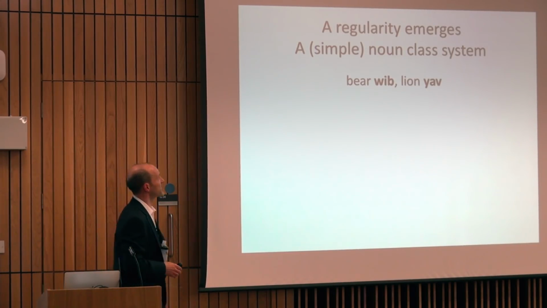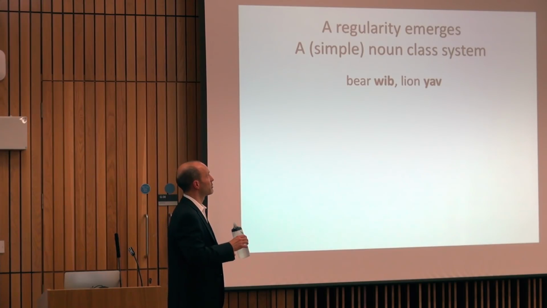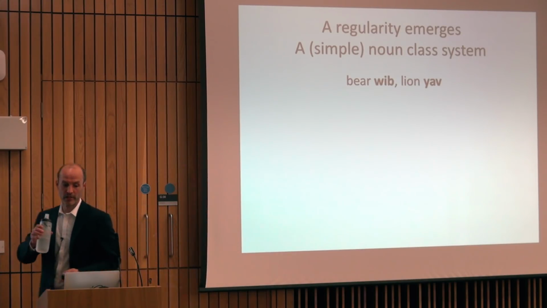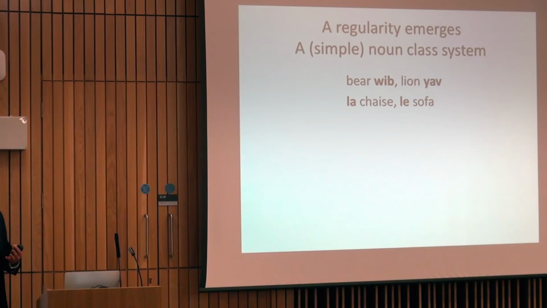And in fact, it looks like a very simple version of a phenomenon we see in natural languages known as noun classes. Okay, so we see that in this language, 2 types of noun develop. One type of noun which marks plural using one marker, and another class of nouns which marks plural using another marker. And we see similar systems, much more complex, much more interesting systems, but nonetheless of the same basic flavor in natural languages.